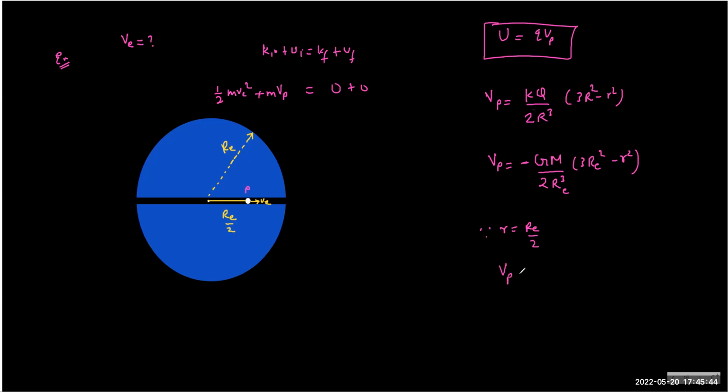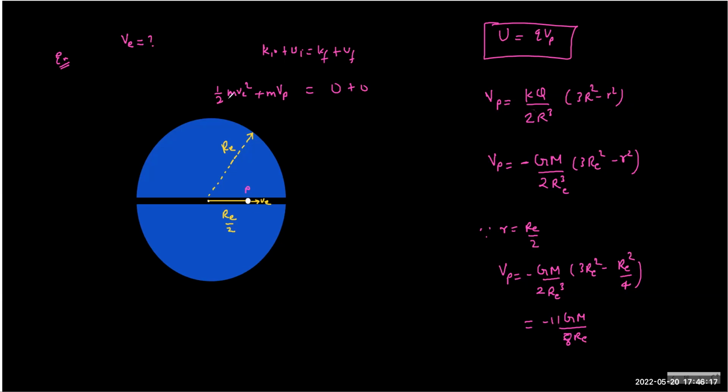So the potential at point P is how much? Minus, so it turns out to be 12 minus 1, 11, so minus 11 GM by 8 RE, right? I think this is the right answer. Yes.